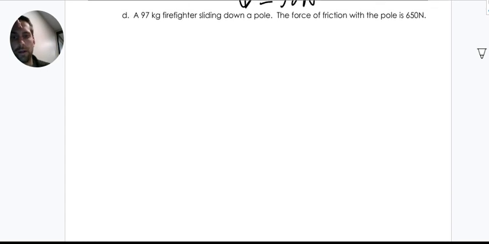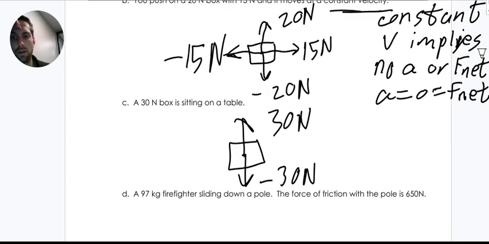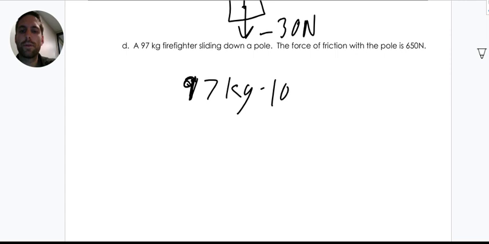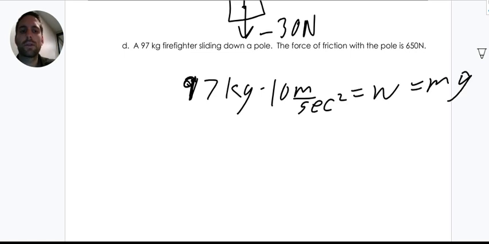All right, so the last one, we have this 97 kilogram firefighter. He's sliding down a pole. Multiply by the acceleration due to gravity, because I want the weight. Just mass times acceleration due to gravity.